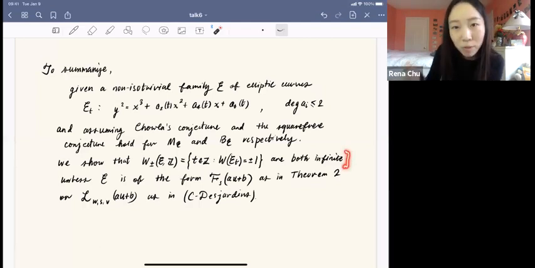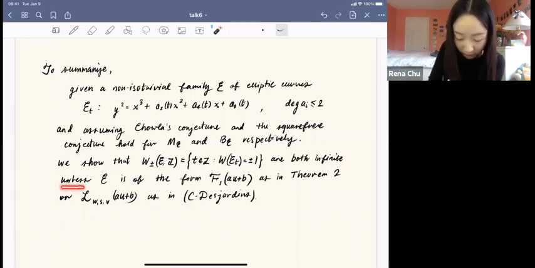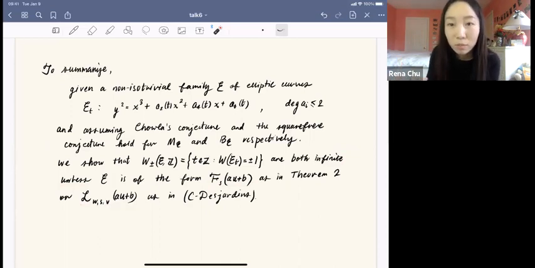Recall that if they're both infinite, that means the root number is not constant. So they are both infinite unless our family is either a subfamily of the F family with the conditions that we just saw, or a subfamily of the L family, which also has a bunch of conditions which I didn't list here, but it's quite similar to the F family, just a lot longer.